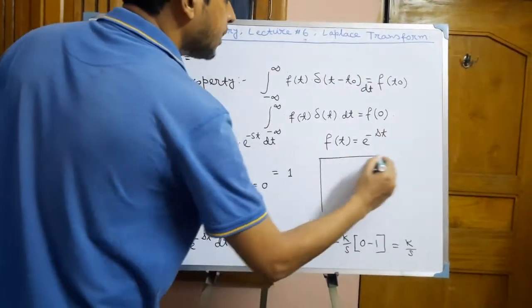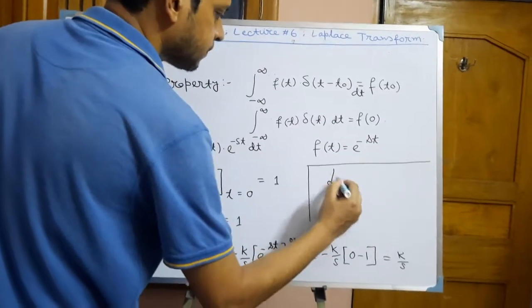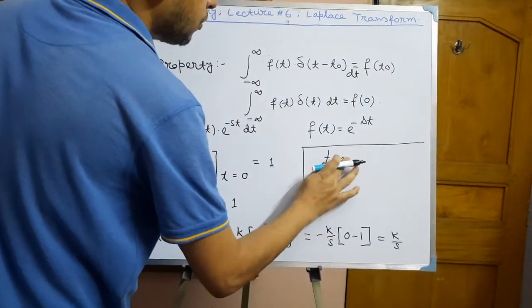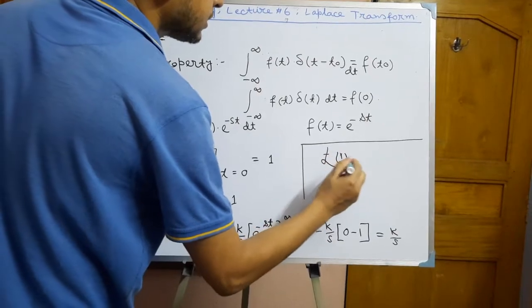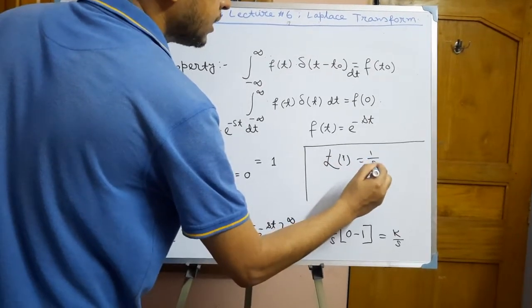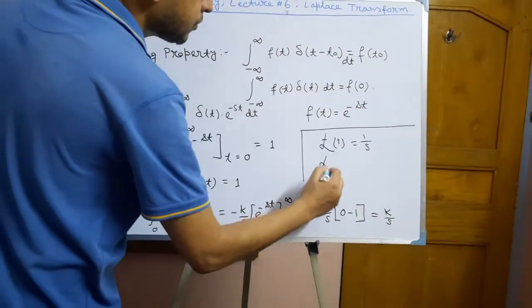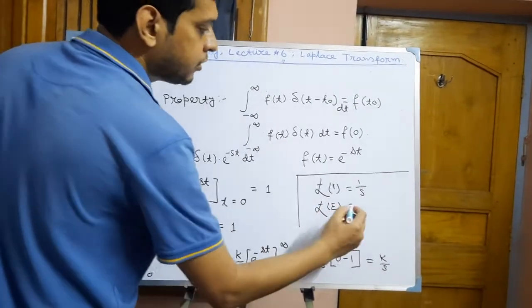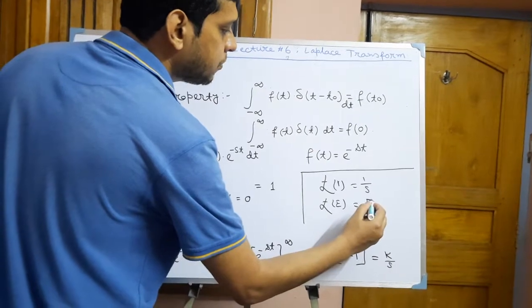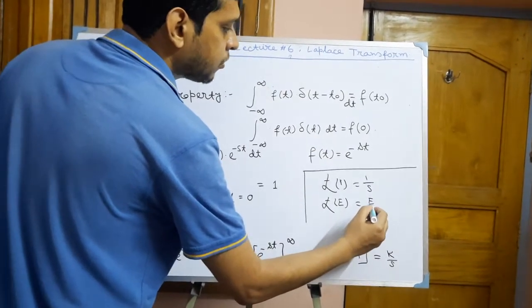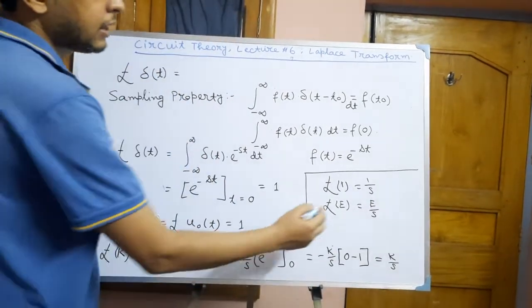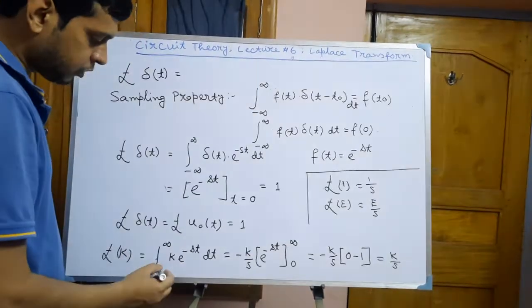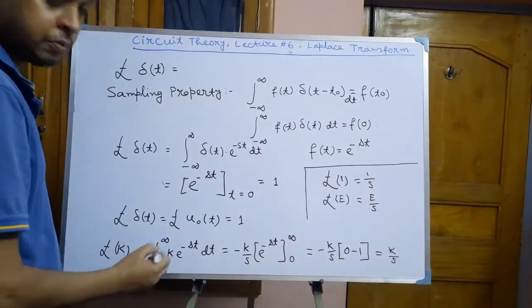So the Laplace transform of any constant is equal to the constant divided by s. So the Laplace transform of 1 gives us 1 by s, and the Laplace transform of E, a constant voltage, equals E by s. We have to remember that here the limit of the integration was 0 to infinity.